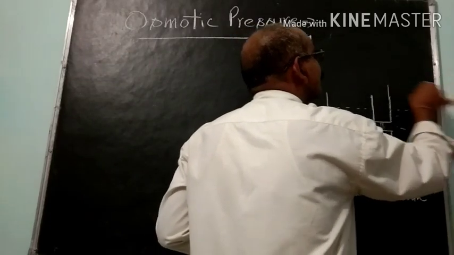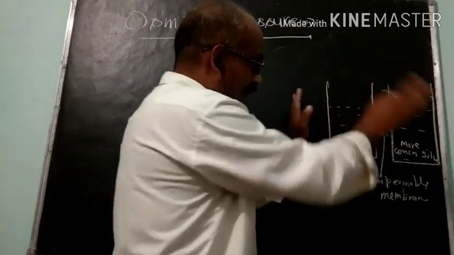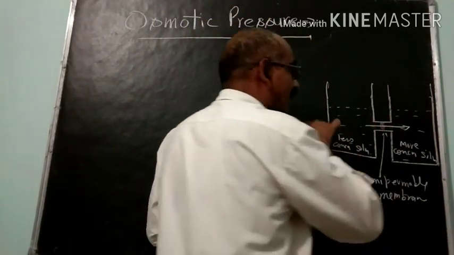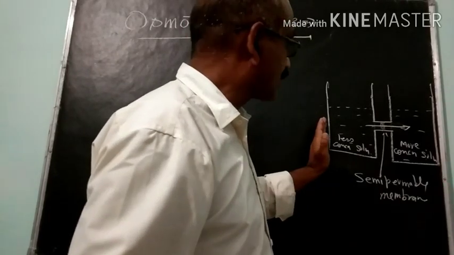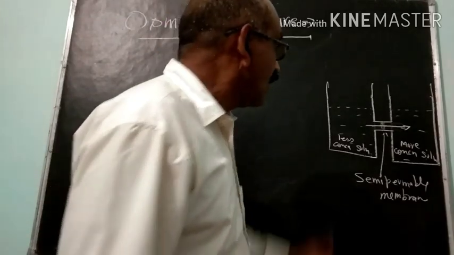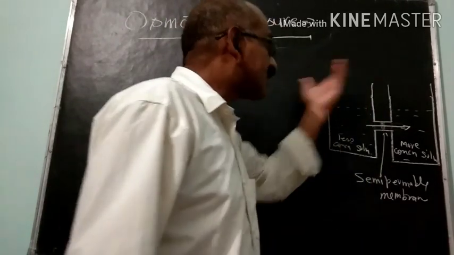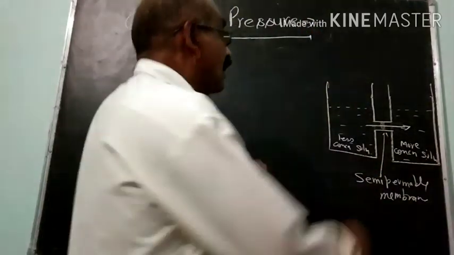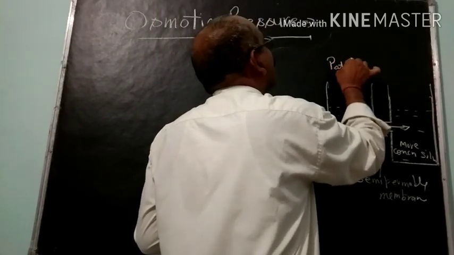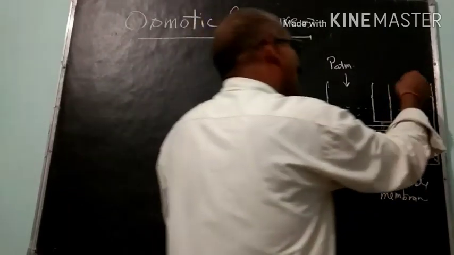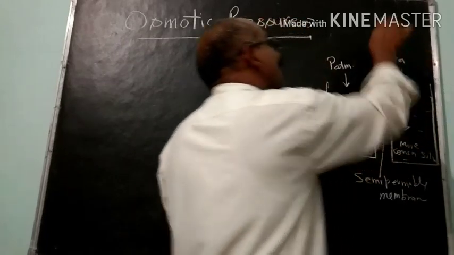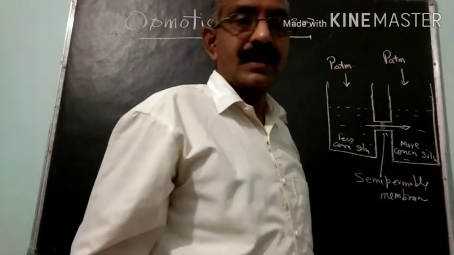Now, as the apparatus is set up, the solvent particles start moving from less concentrated solution to the more concentrated solution. Is it clear? So the osmosis process comes into existence. On this side the atmospheric pressure is functioning, while on this side also only atmospheric pressure is in function.